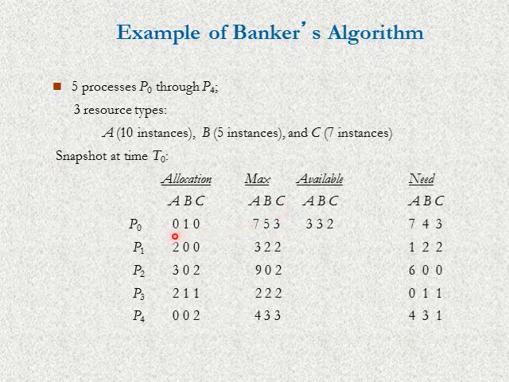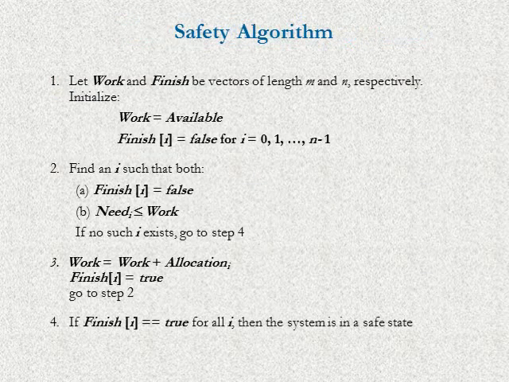And if these instances were allocated to process P naught, then we can see that the need matrix will be 7 minus 0 will be 7, 5 minus 1 will be 4, and 3 minus 0 will be 3. So this need matrix is populated by subtracting this allocation out of this max matrix. The Banker's algorithm has two major components.